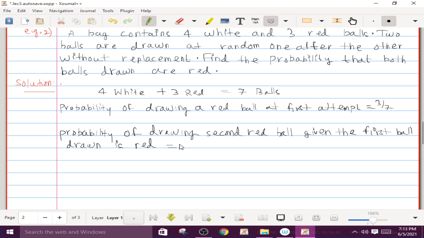Okay, it is equals to what? It is actually probability of B given A. Okay, so now this is the conditional probability.